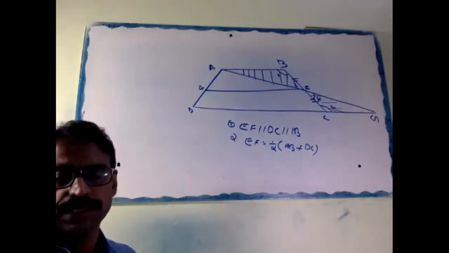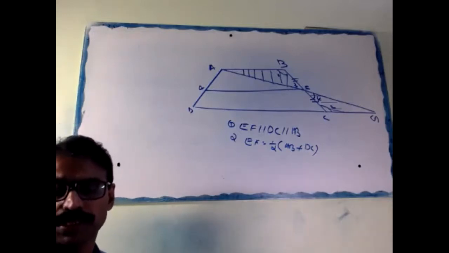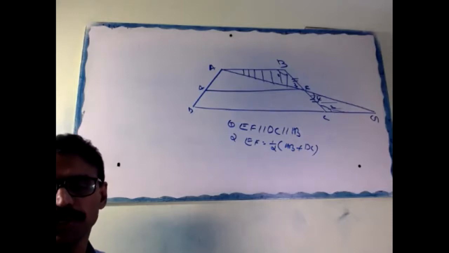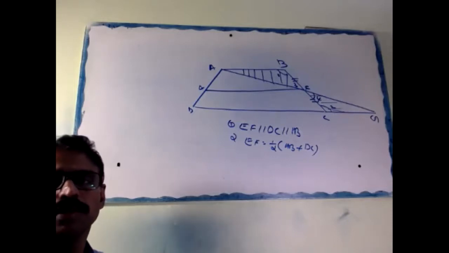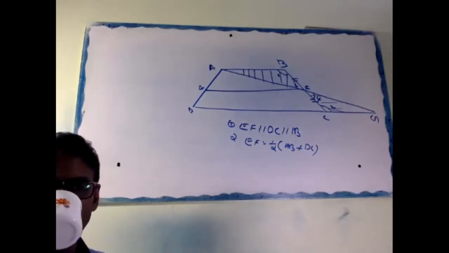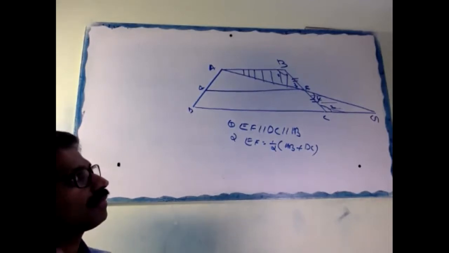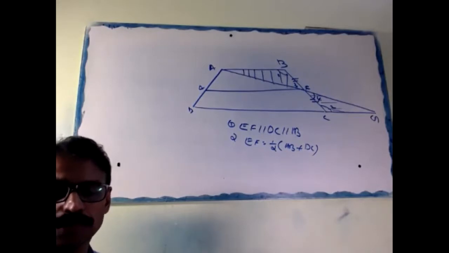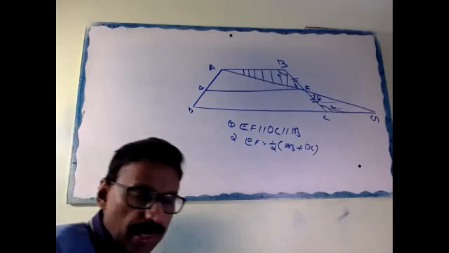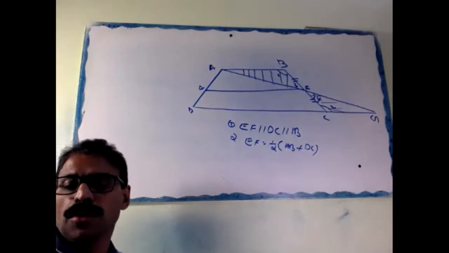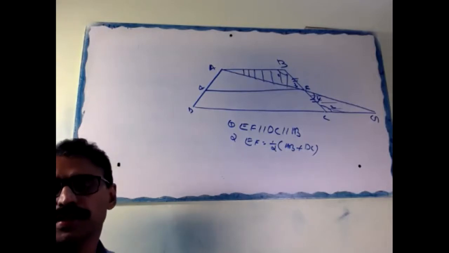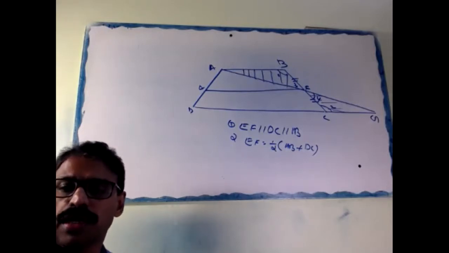BF equal to FC, given. Angle 3 equal to angle 4, vertically opposite angles.